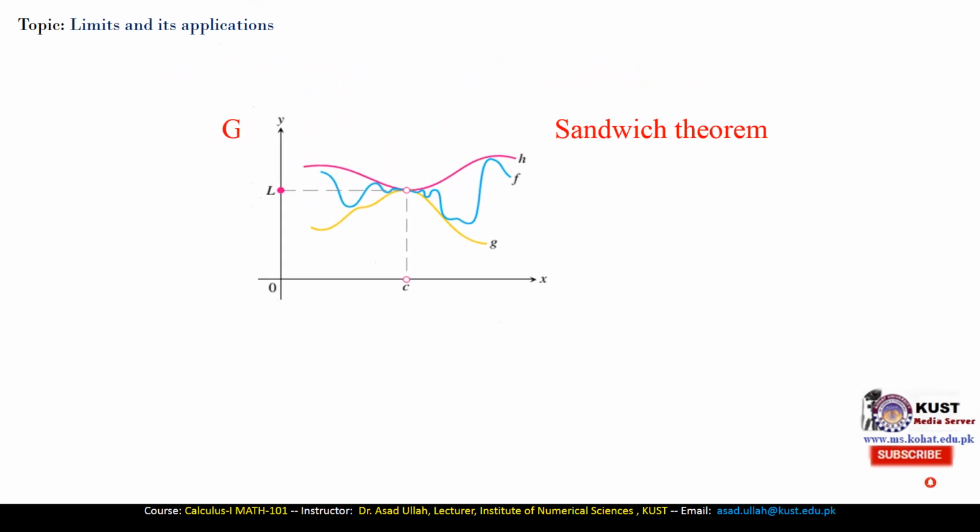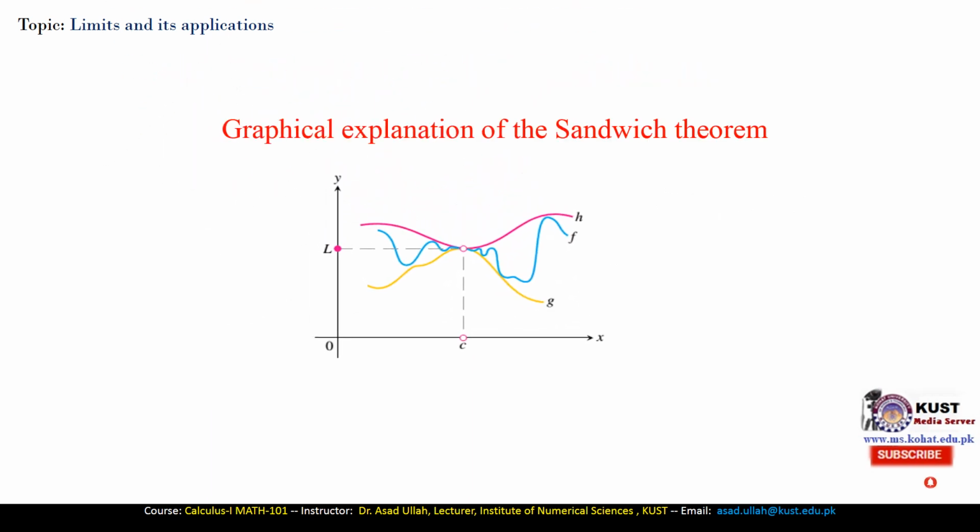Now to understand the sandwich theorem graphically, we are given three different functions here, that is f of x, g of x and h of x. Here you see that the function f of x is in between the two functions g of x and h of x.